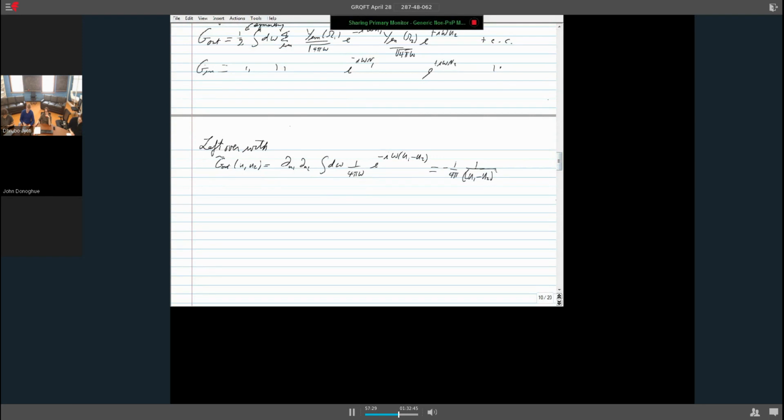So if I'm looking at the leftover piece for the out guy of U1, U2, that's the derivative with respect to U1, the derivative with respect to U2 of the integral d omega 1 over 4 pi omega e to the minus I omega U1 minus U2.